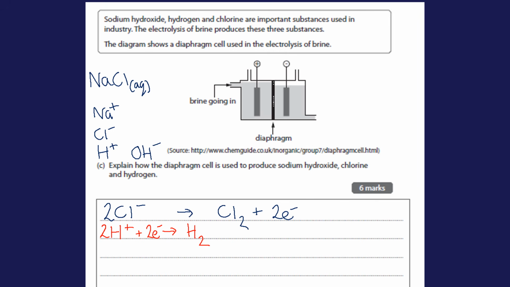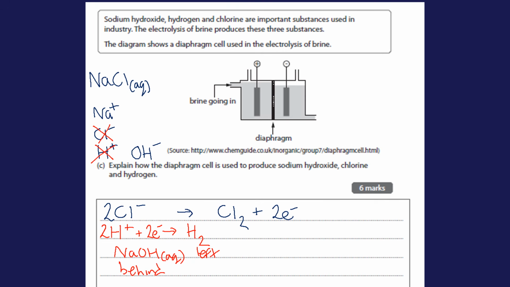And finally, I will say this leaves behind sodium ions and hydroxide ions, because the chloride has gone to the positive electrode and the hydrogen has gone to the negative electrode, so NaOH is left behind in the electrolyte.